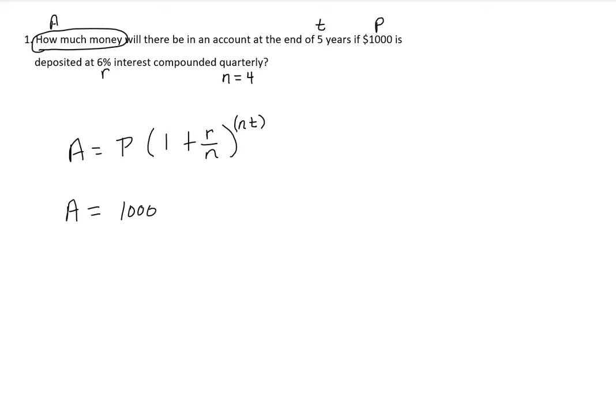P is 1,000. R is 6%, so as a decimal, that's 0.06. N is 4. And I'm going to raise that to the 4 times 5 power. So put that into my calculator, and I end up with $1,346.86.